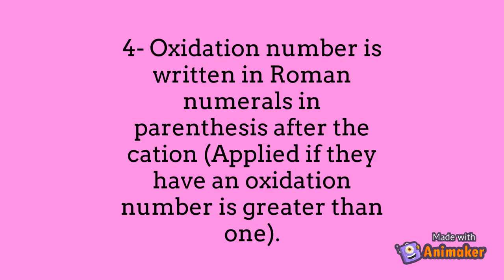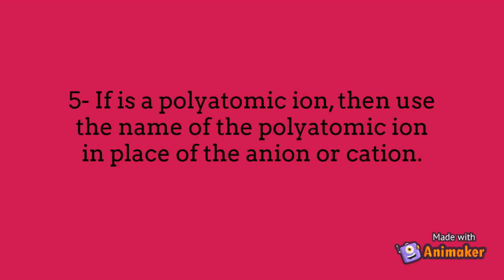The oxidation number is located between parentheses after the cation in Roman numerals. This rule is applied when the oxidation number is variable. Name it in place of the anion or the cation.